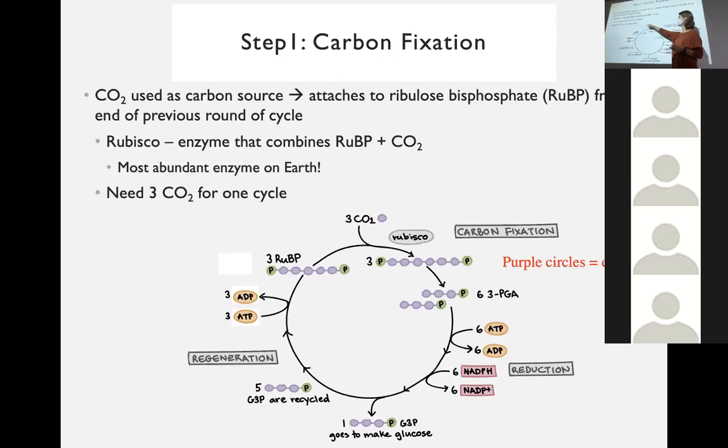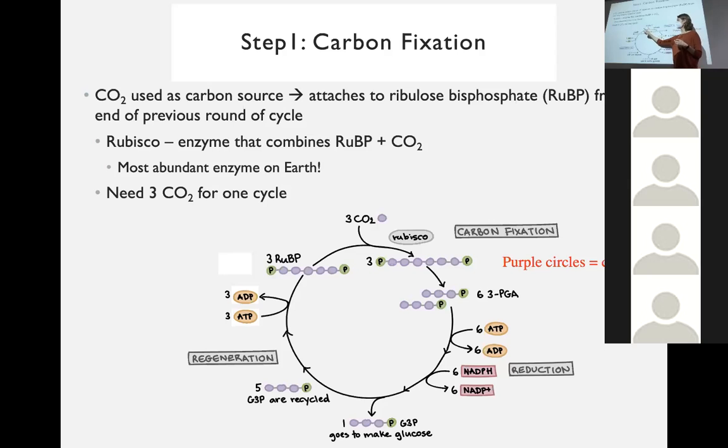So here we have, we'll start up here on the cycle. These little purple dots are carbons. So we're just looking at the carbons again in these molecules. So we have 3 CO2 molecules. Each one of those only has 1 carbon, right? So we just have 1 little purple dot. So for each cycle that happens, you need 3 molecules of CO2 to come in. So all 3 will come in to start, I guess, keep the cycle going.